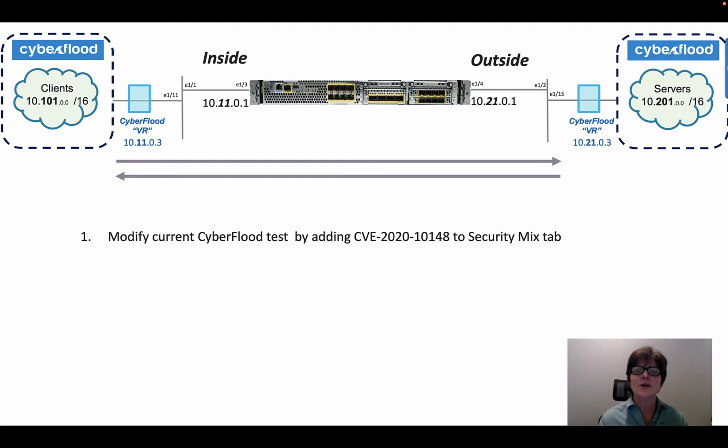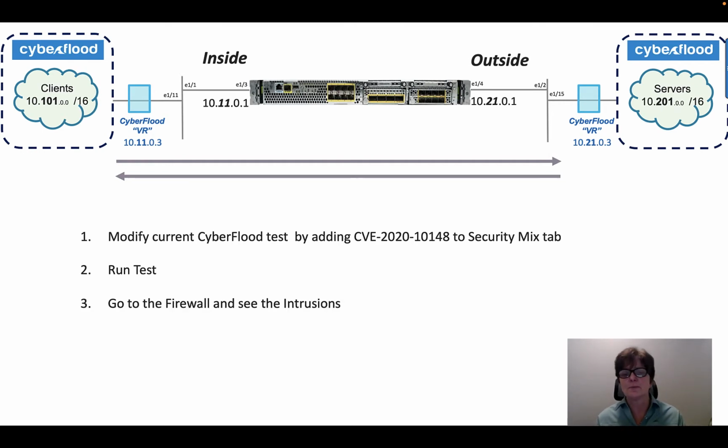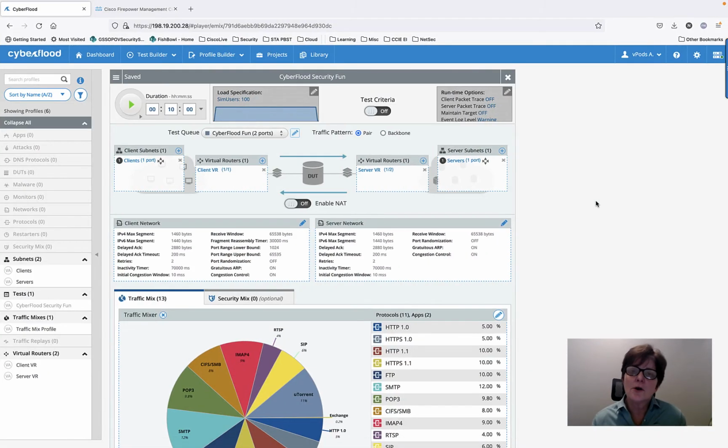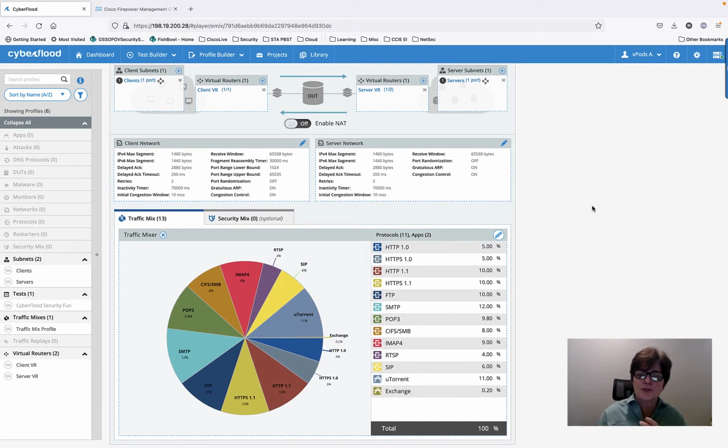Send CVE-2020-10148. We're going to run the test, and then we're going to go back to the firewall and see the intrusions. These will be listed as intrusions that were subsequently blocked. So let's go to the CyberFlood. Here we are in the CyberFlood, and it's my clients, my servers, my VRs, everything that I've already been doing. And it's also this traffic mix.